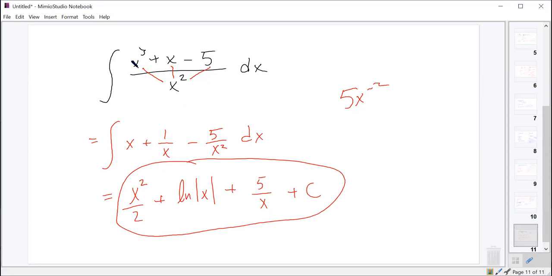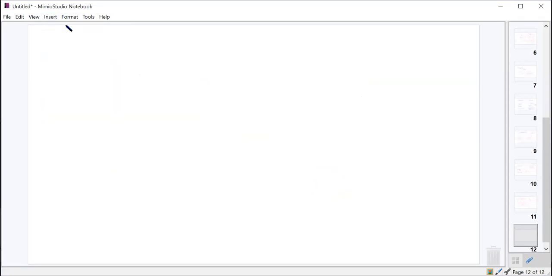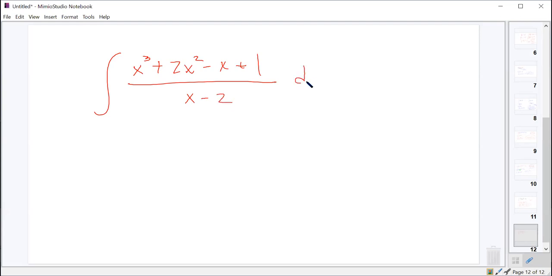Now, another thing that could potentially pop up, and I've seen this only a couple of times, but I want to make sure we've done it. This one, I'm not sure if we did. Something like x cubed plus 2x squared minus x plus 1 divided by x minus 2, let's say.